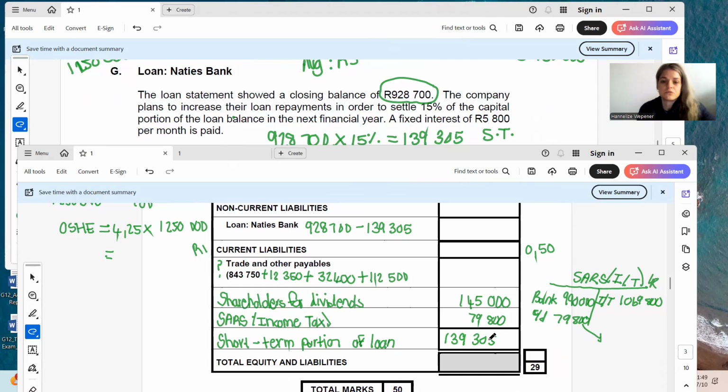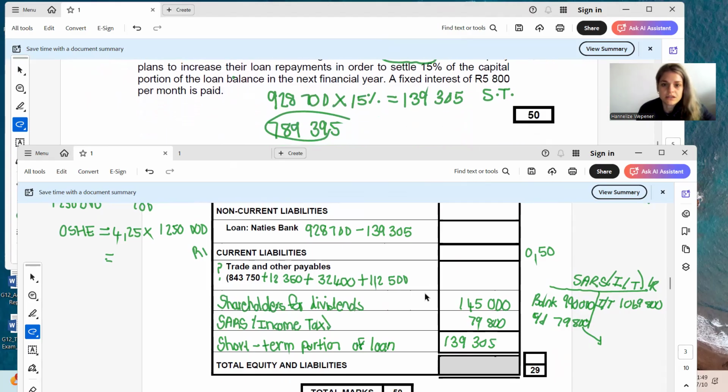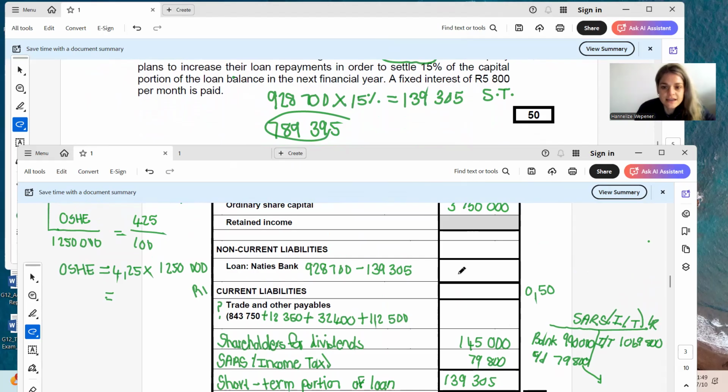And we now already know why we are doing this because we discussed it before we started doing the SFP. So that now is 789,395. Okay, and at the top there, because it's the total non-current liabilities. Right, so that is it.